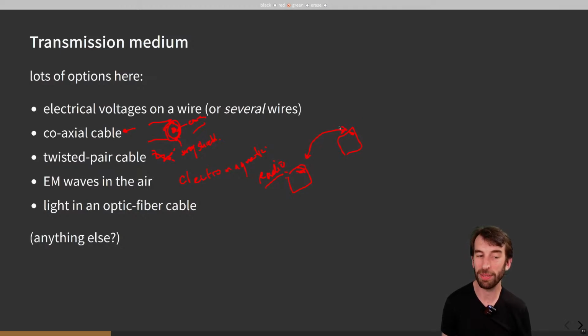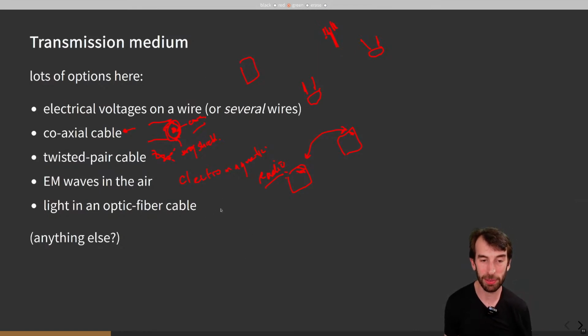It's the same kind of EM waves as Wi-Fi devices talking to each other. These are supposed to be Wi-Fi routers. It's also the same kind of radio waves as iPhones talking to cell phone towers, right? It's just different frequencies, different ways of organizing things, different power levels, different protocols, but it's the same transmission medium.